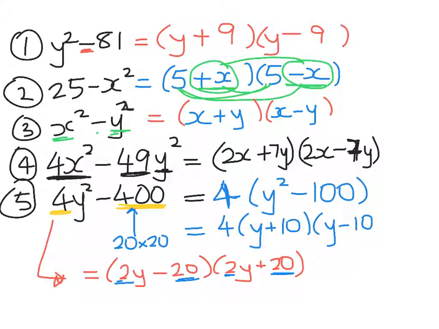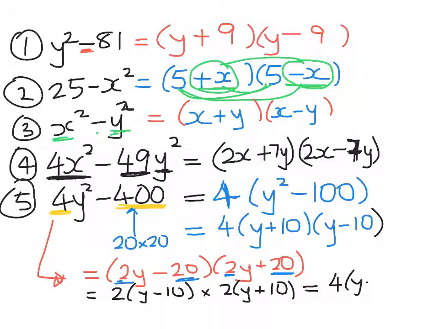And when we talk in maths about factorising, we mean pulling out all of the common factors as far as possible. So here I'm going to have 2 times y minus 10 times 2 times y plus 10. And once I do that, it leads me back to my final answer of 4 times y minus 10, y plus 10.